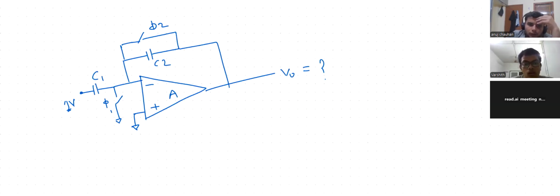Let's say gain is very high. If gain is very high, then the op-amp will be working in negative feedback.